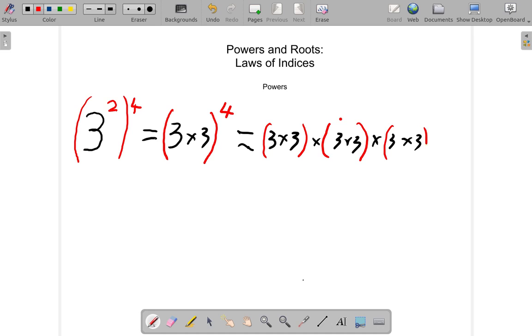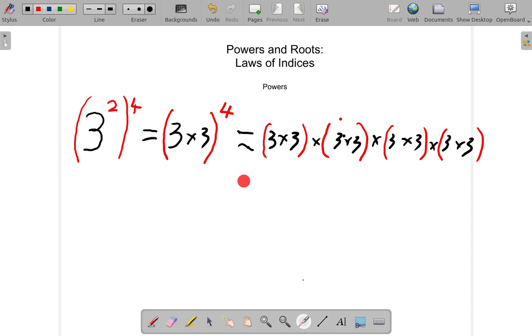Let me put it in bracket. So that is the third one, multiplied by 3 by 3, which is the fourth one. You see all of that, alright? So you have 1 3 by 3, 2 3 by 3, 3 3 by 3, 4 3 by 3. It means 3 by 3 to the power of 4, because you have 3 by 3 4 times and they all multiply.